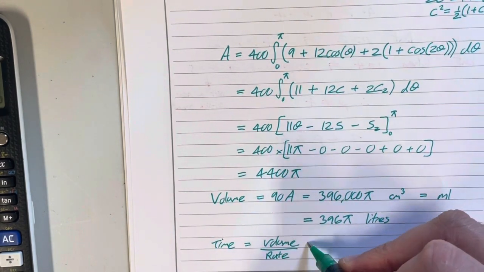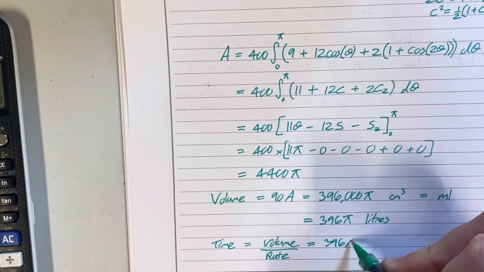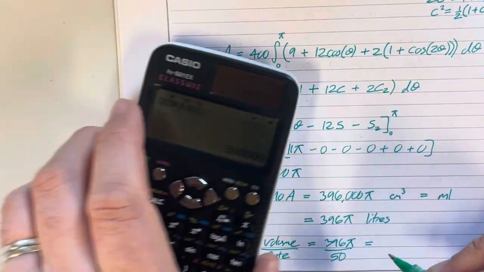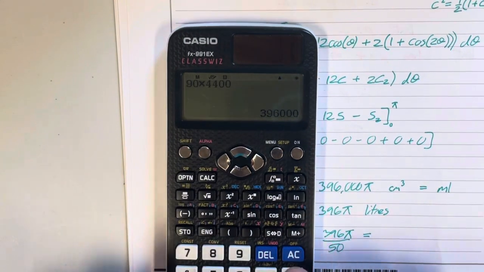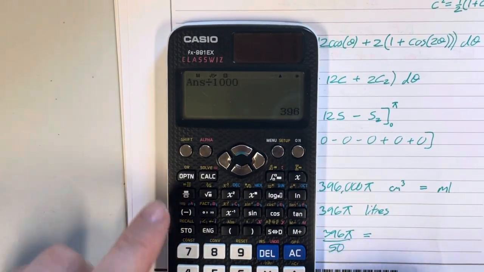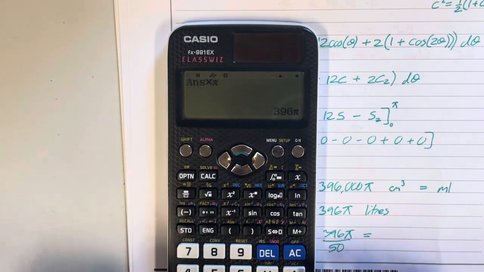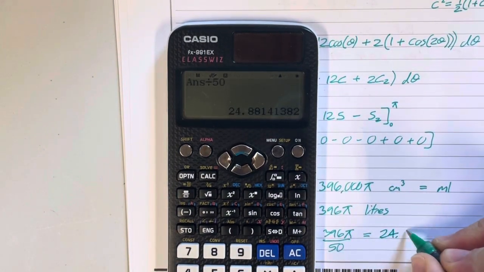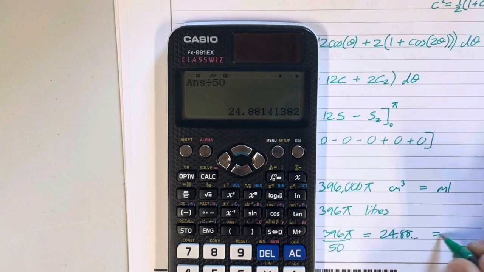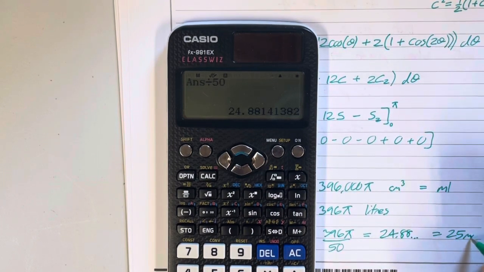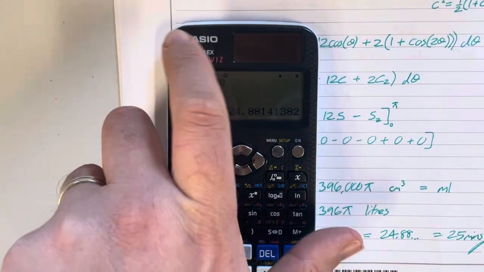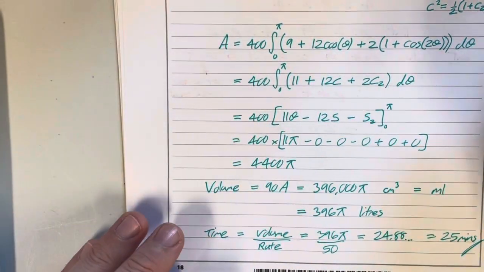That comes out as minutes. So we've got 396 pi divided by 50. And it says to give your answer to the nearest minute. So divided by 1,000, times pi, divided by 50, and that gives me 24.88 and so on, which is 25 minutes to the nearest minute. Okay, so that's the answer, 25 minutes.